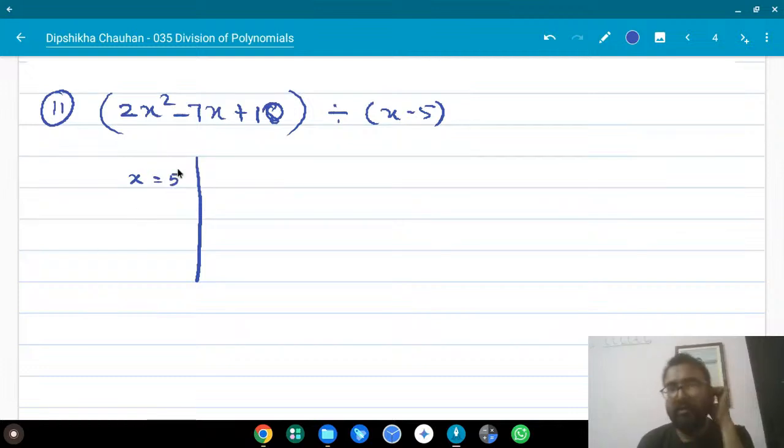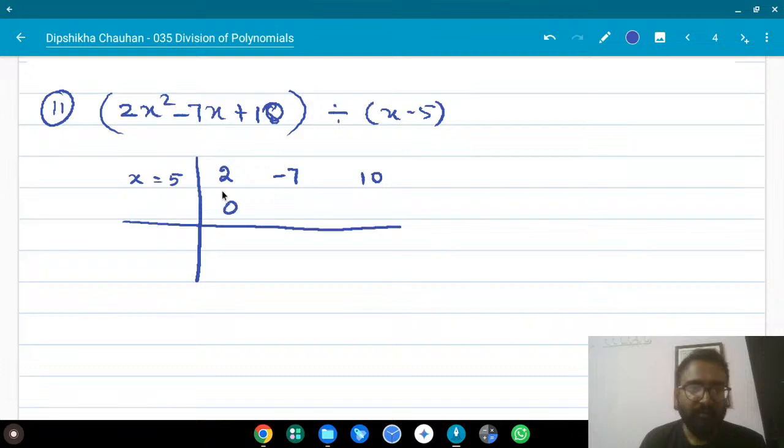And now here you have to take the coefficients, which are 2, minus 7 and 10. In the first line you have to take 0. 2 plus 0 is 2, and 2 into 5 is 10, minus 7 plus 10 is 3, and 3 into 5 is 15, and if you add, it will be 25.